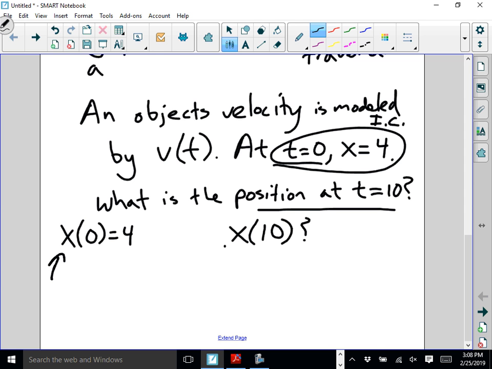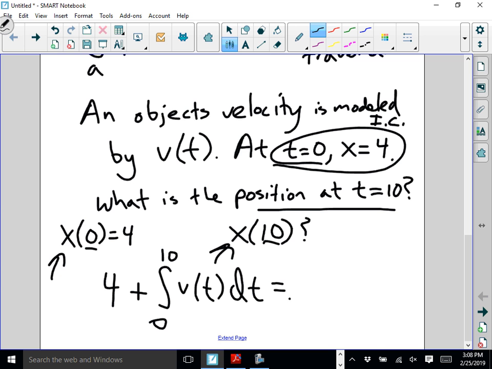So I can solve this simply by saying 4 plus the integral from 0 to 10 of my velocity function. The answer to that integral will be the position at time t equals 10.